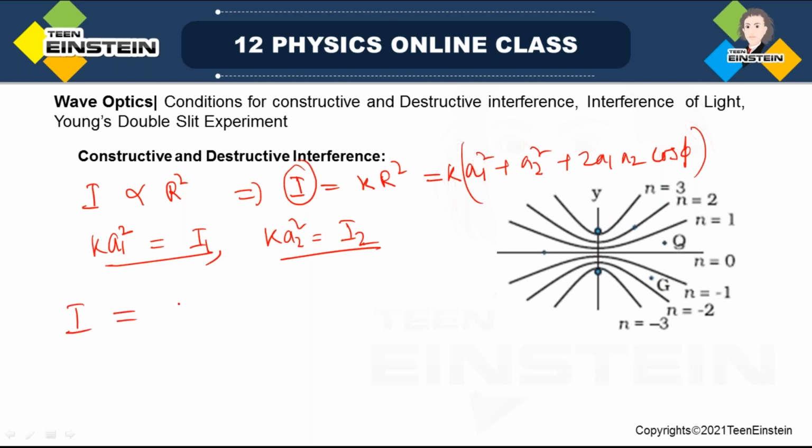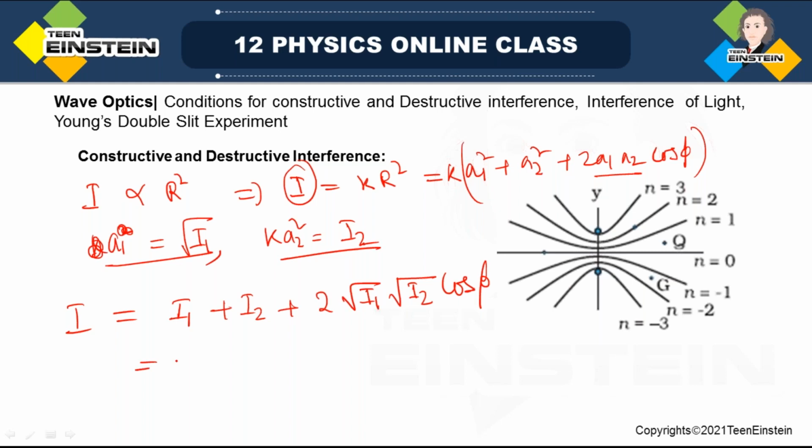So finally, k on both sides will go off, and you will get I1 plus I2 plus, in terms of I, A1 can be written as under root of I1, A2 as under root of I2, and this is cos of phi.